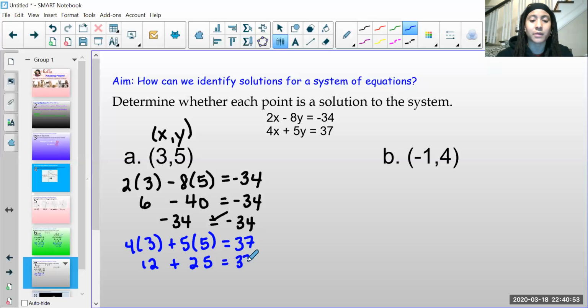Does it equal 37? And 37 equals 37. Check, check. 3, 5 works out for me. Hope it worked out for you.